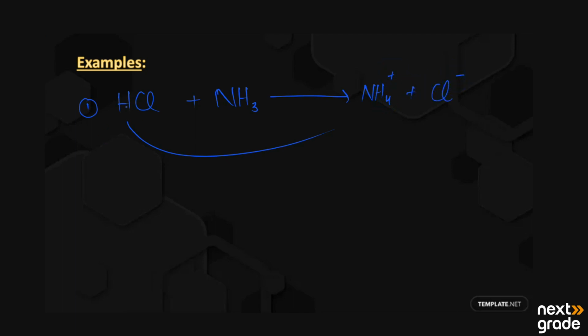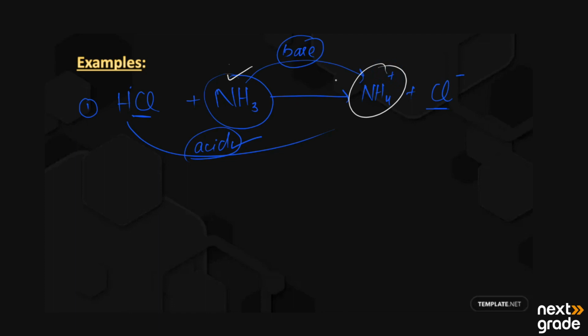HCl donated its proton, so it acts as an acid according to the Bronsted-Lowry concept. On the other hand, NH3, ammonia, accepts the proton, so it is known as a base, because the substances that donate the proton are known as acids, and the substances that accept the proton are known as bases.